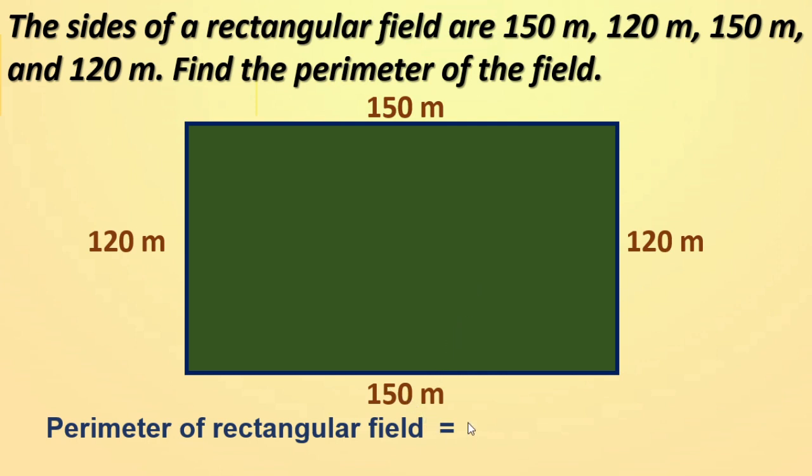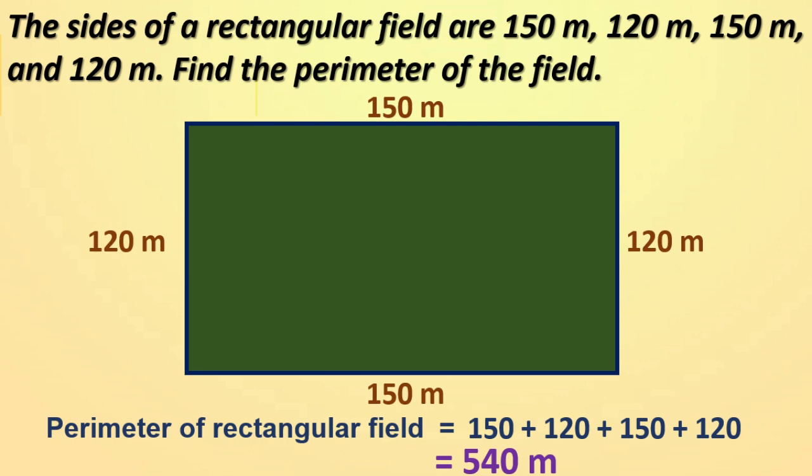Yes, what are you going to do now? Very good. You're going to add all these four measurements, isn't it? Yes, very nice. Come on, tell me the answer now. Yes, dear children. Yes, very good. Your answer is perfectly right.